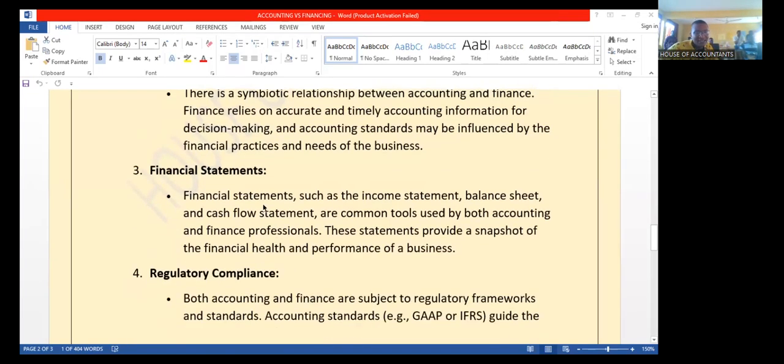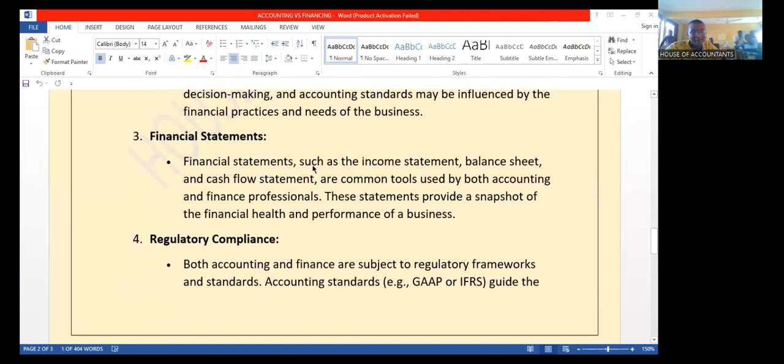So let's go to the financial statements aspect. The financial statements, such as the income statement, balance sheet, and cash flow statement, are common tools used by both accounting and finance professionals. What they are going to do in accounting is prepare their information based on income, balance sheet, and cash flow.